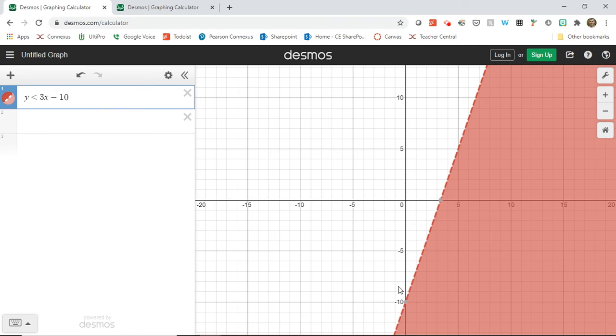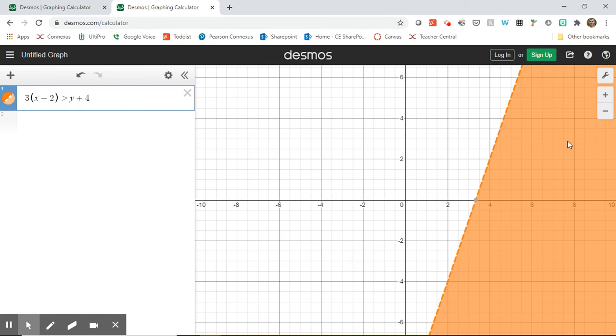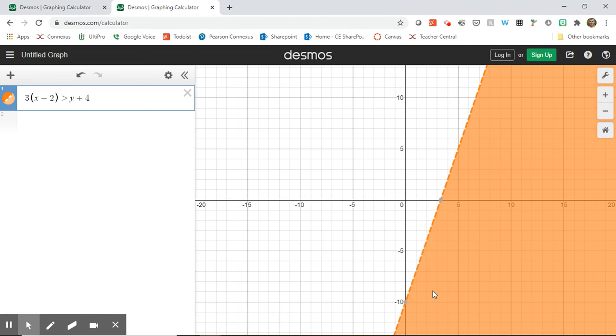And then, like I said, the shading is going to be below the line because it's less than. I also went ahead and plugged in the original inequality that they gave us, just to show you that it does match up to what we were seeing there. So you can plug that into Desmos if you want to check your work.